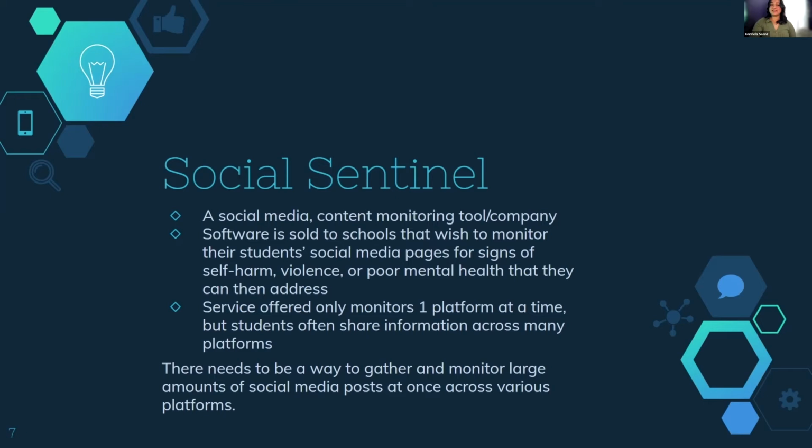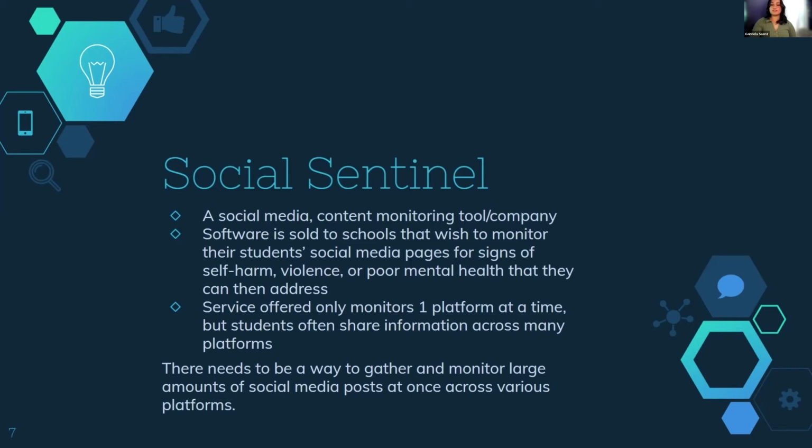However, most teens have an online presence across multiple platforms, and Social Sentinel only monitors one platform at a time. So while a school feels students are safe based on their Twitter posts, for example, they could be missing a completely different side of that student on their Instagram posts.